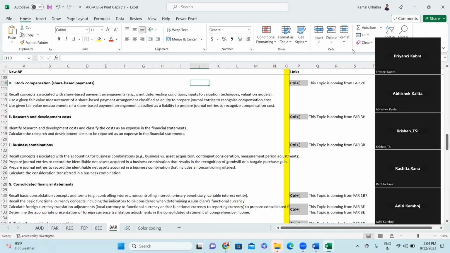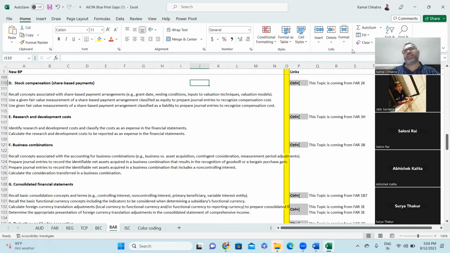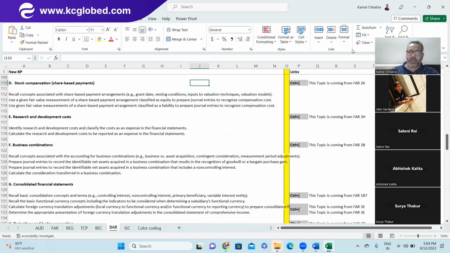So these are basically the share options that are allocated to the employees. Stock compensation can be to an employee or it can be to the vendor also, right? When you give stock compensation to an employee, we call it an employee stock option plan, employee stock compensation plan, or stock based compensation to employee.